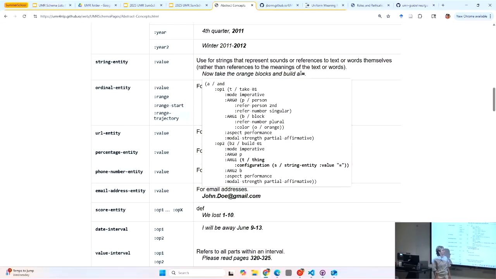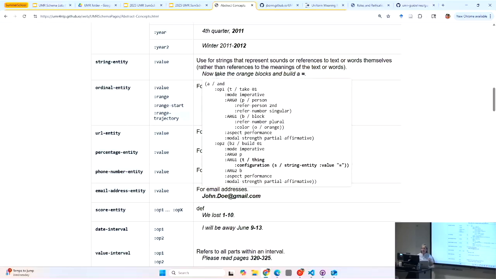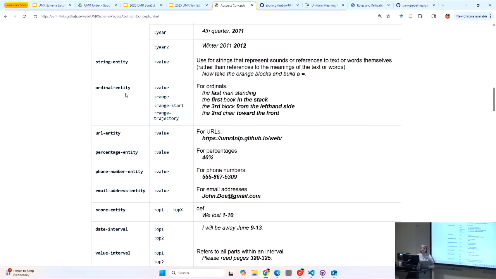In that case, the meaning of equals had nothing to do with the dialogue. So I would use string entity, since they're really referring to the symbol. You can also use it... Oh, I lost it. I don't know. It'll come back to me.